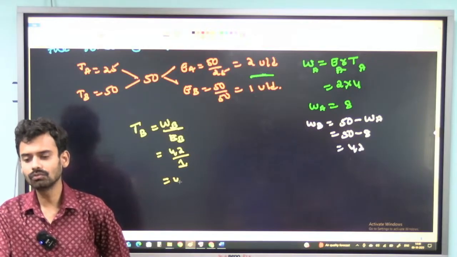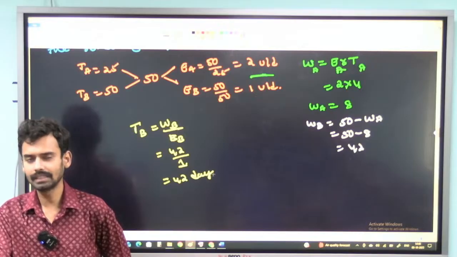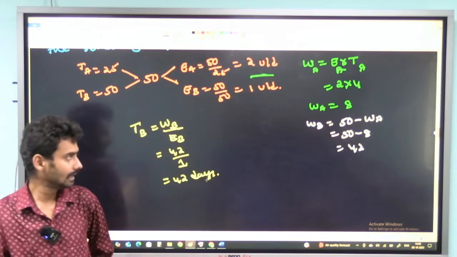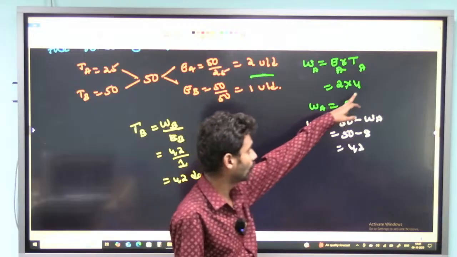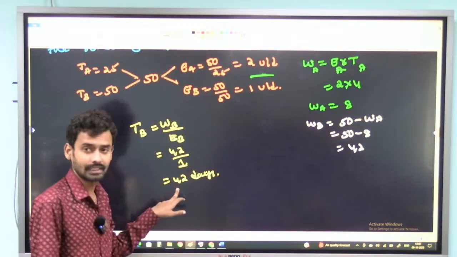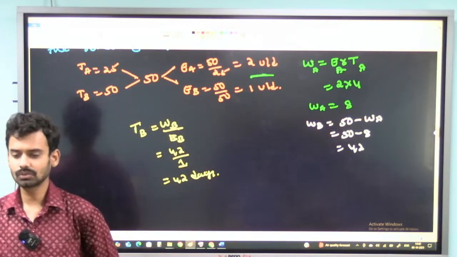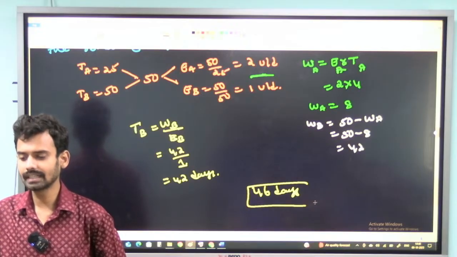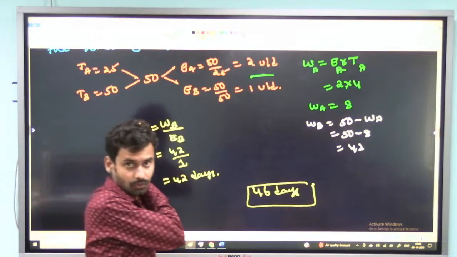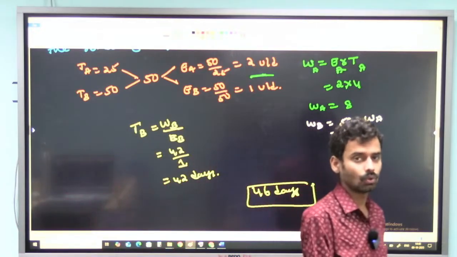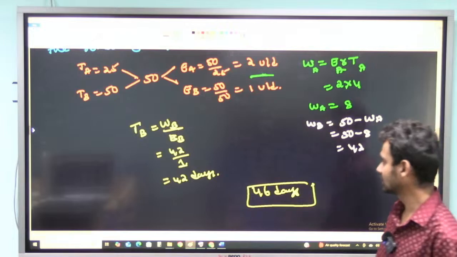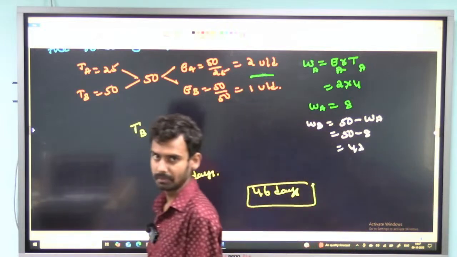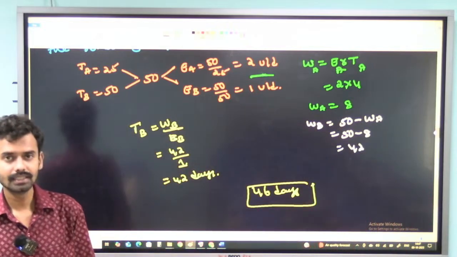So he will be taking 42 more days to complete the work. Now if you can see here, first A is working for 4 days, then B is working for 42 more days. So the answer for this question will be 46 days. So the total time taken by A and B is 46 days, in which for the first 4 days only A is working and for the next 42 days B will be working. So total time is 46 days.